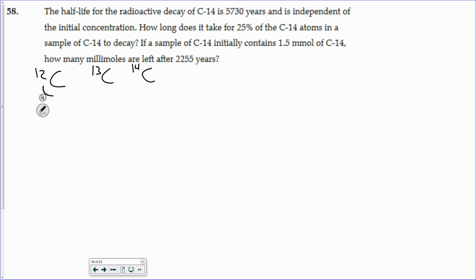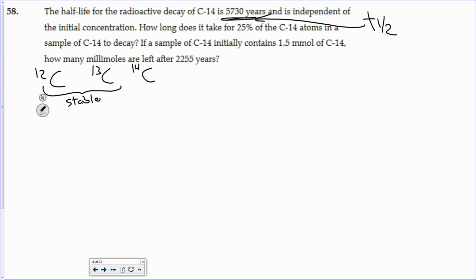Both C12 and C13 are non-radioactive. They're stable isotopes. So however much carbon's there, again, back in a million years, there's still that much carbon there. But the C14 is radioactive. It decomposes. That doesn't decompose quick. The half-life of it is 5,700 years. So it's not happening quick.